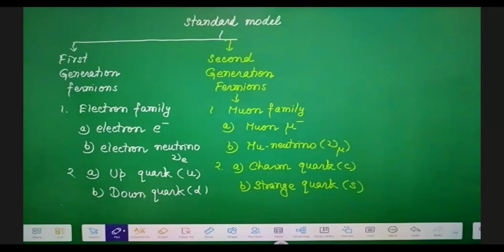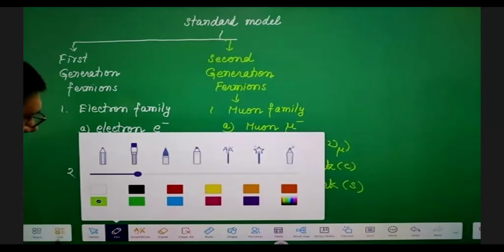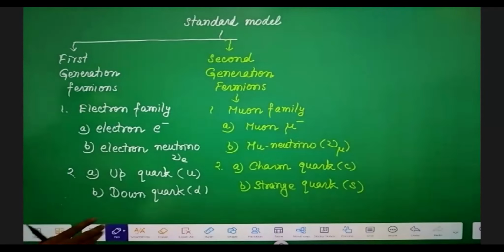Second generation fermions are relatively heavy and relatively less stable.